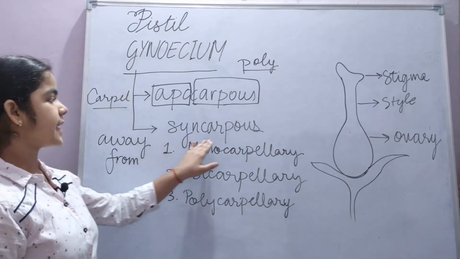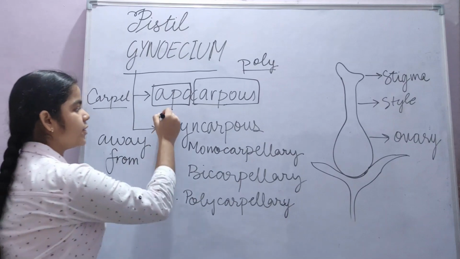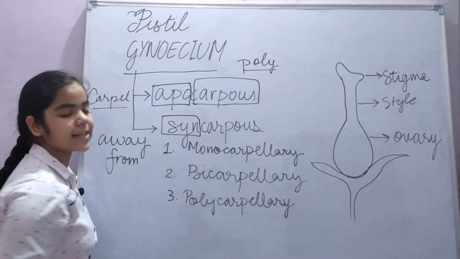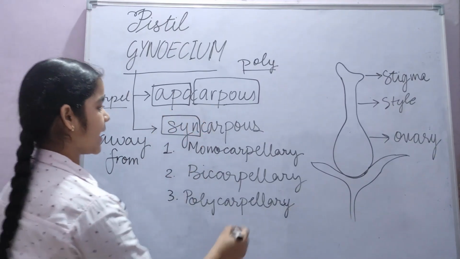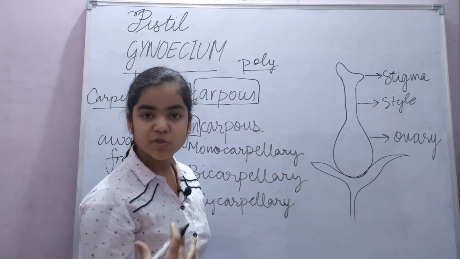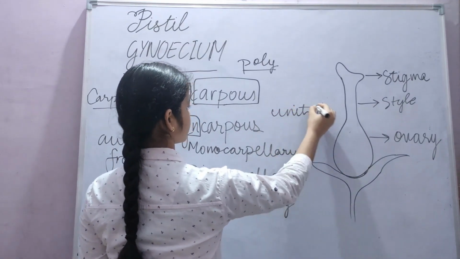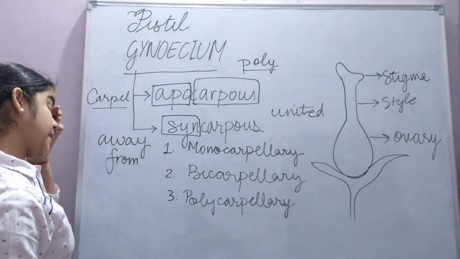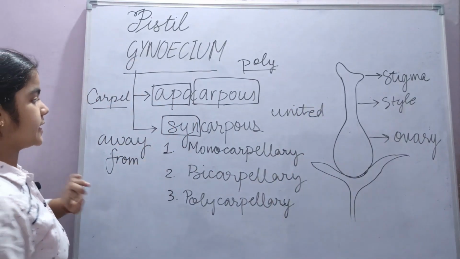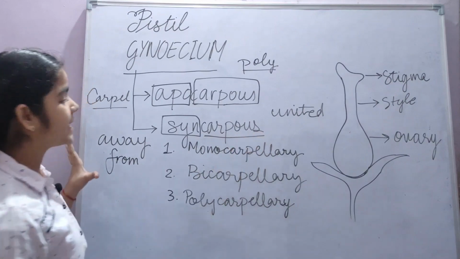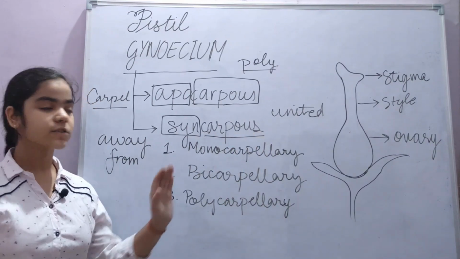Next thing is syncarpous. Now can you think what is the meaning of syn? As you learned, gamo, it also means together or united. So whenever they are together, then you can use this word syn, and carpus for simply carpel. Alright, so learn these terms.